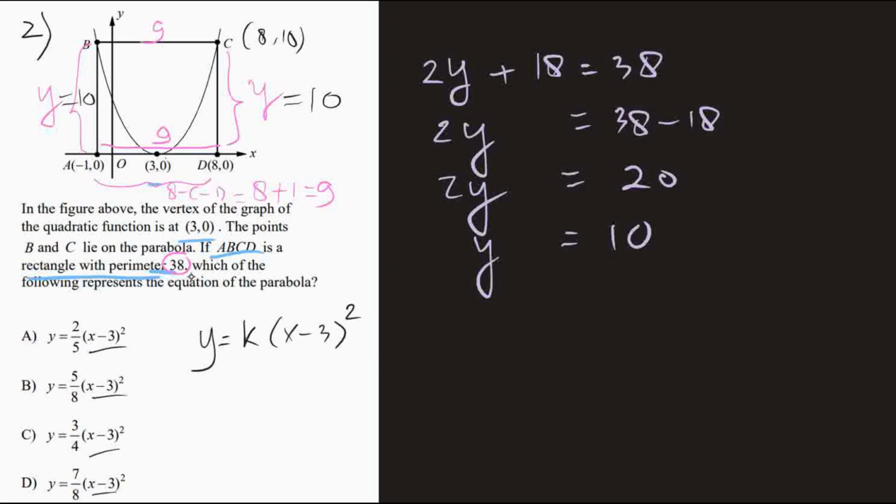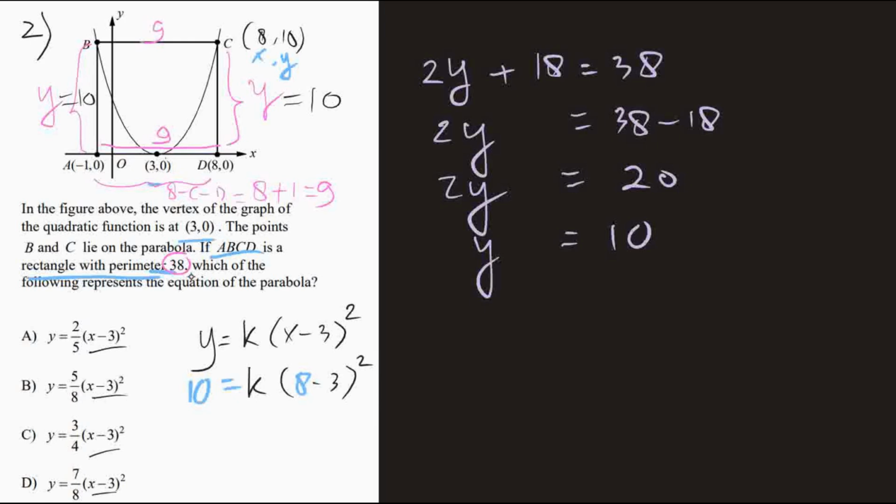Now we substitute the x and y. If x is 8, y is 10, so 10 equals k times (8 minus 3).